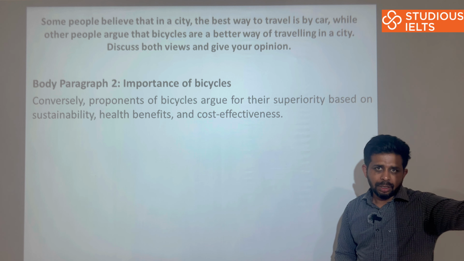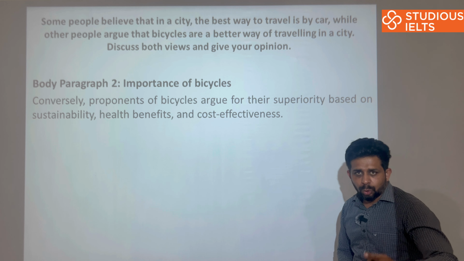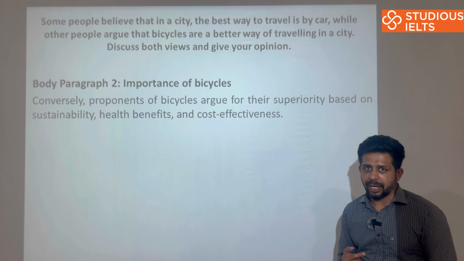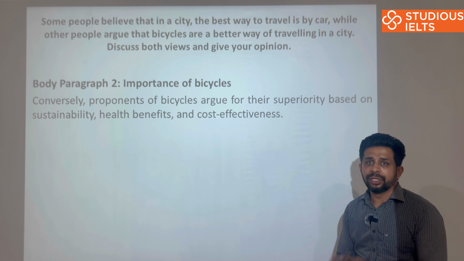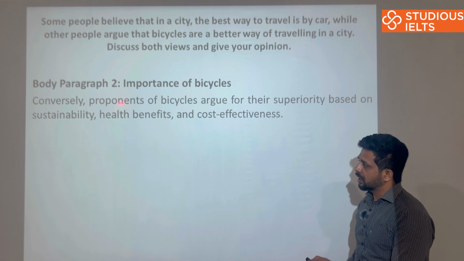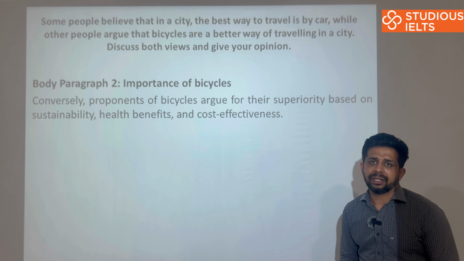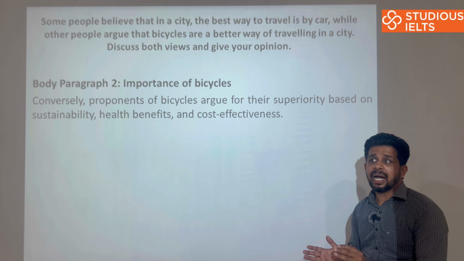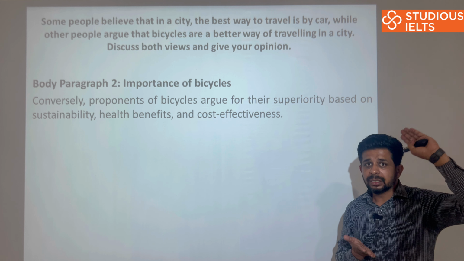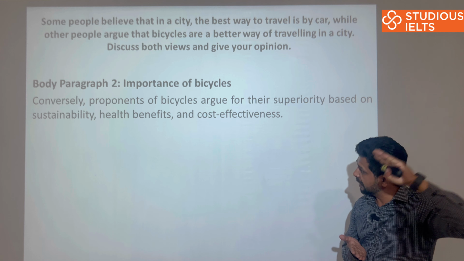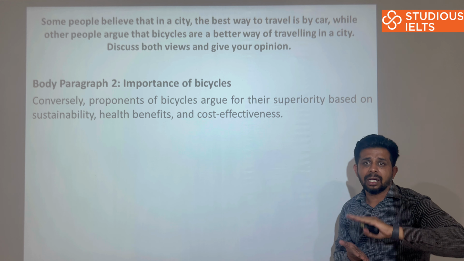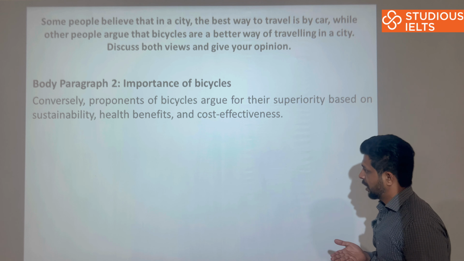In the introduction, we said that those who are supporting the idea of bicycles have their own reasons for it. One major reason is health, the second major reason is financial gains, cost effectiveness. So here we are going to have a proper explanation of the introduction of that idea, and we are going to elaborate it along with some supportive points. How will we do that?